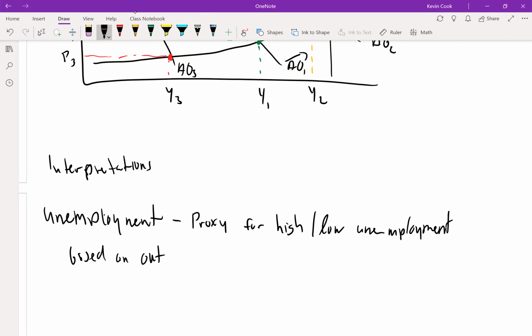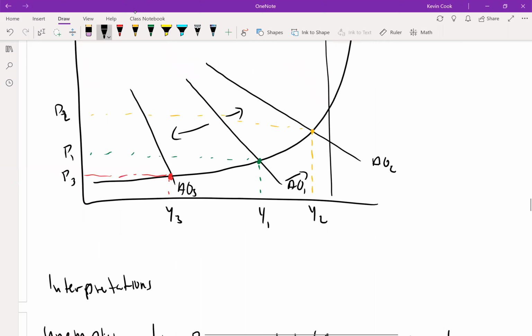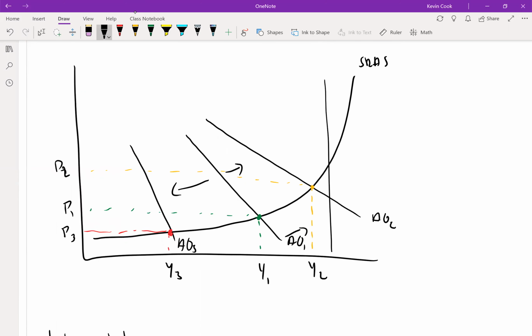So if I scroll back up really quick, I look at this graph. I have my potential GDP right here, or my long run is right here. I already used gold, but oh well. So if I'm at, say, this high level of aggregate demand, we see that our productivity is very close to what we're able to produce. So at this point, we could say we have low unemployment.